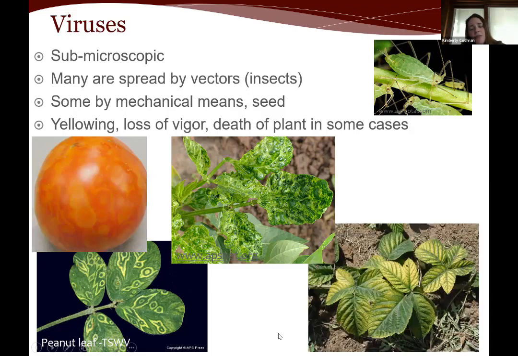So sometimes viruses can look a little bit like other things like nutritional deficiencies, and here's one example on a bramble. In passing, you might think, oh, that's maybe some iron deficiency. But when you look closely at the patterns, that can be a clue as to what you're dealing with. For example, this leaf in the middle, in the lower half of the photo, look at it down the midrib and then look at the two halves.